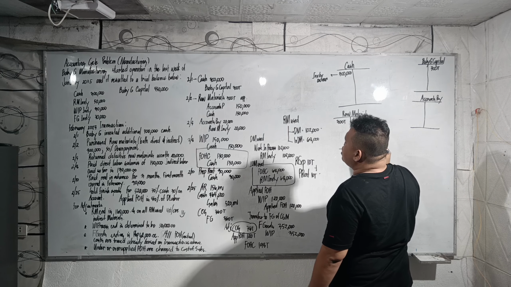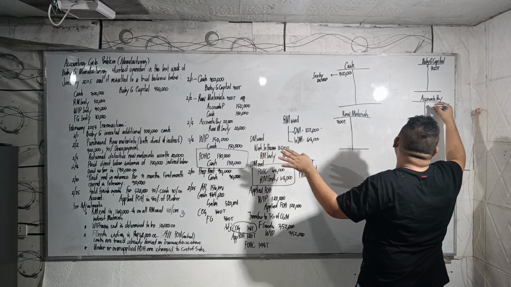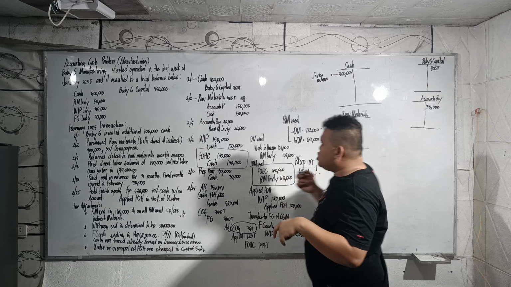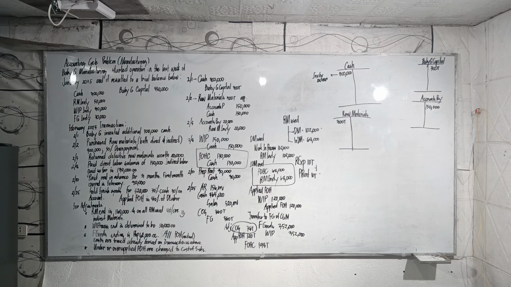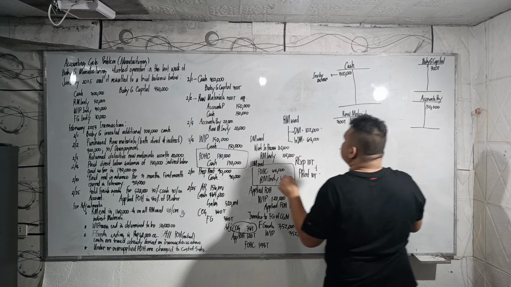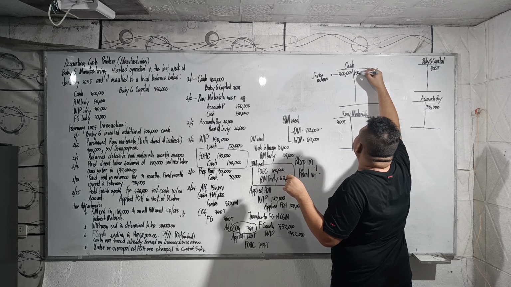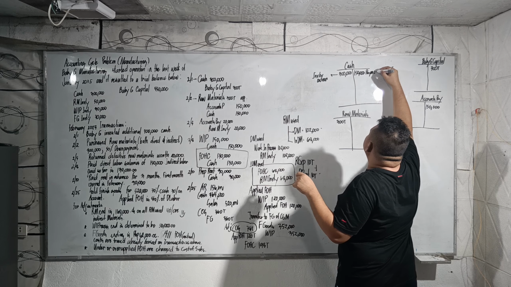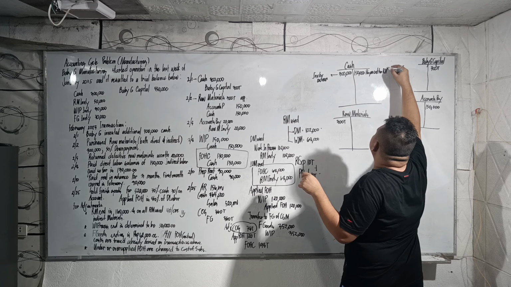I have to be very careful so that I will not miss any entry. So we have 150,000. Let me check first if it's still recording. Yes, it is. So you have accounts payable 150,000 and then cash 150,000. This is payment for raw materials.